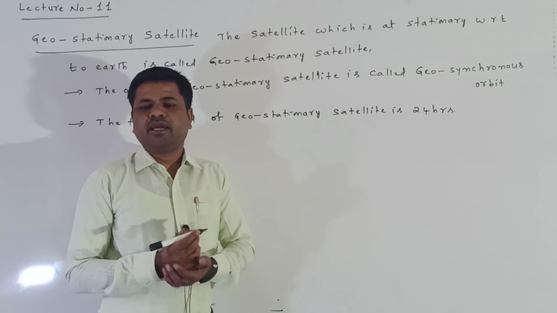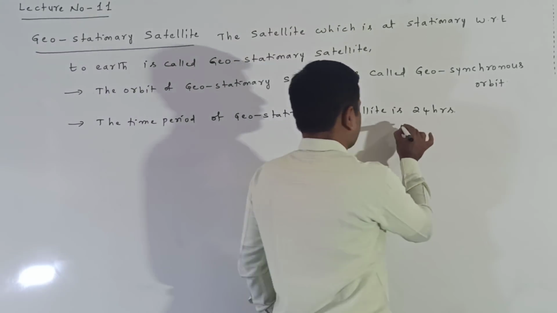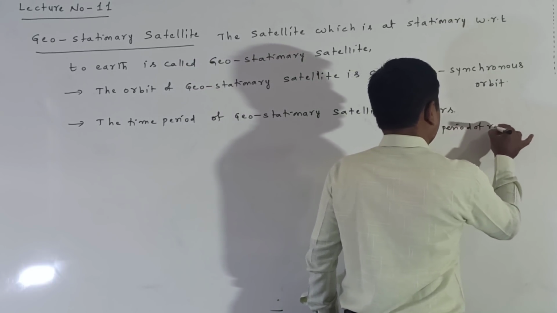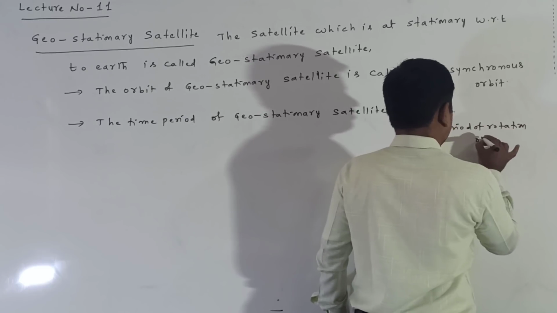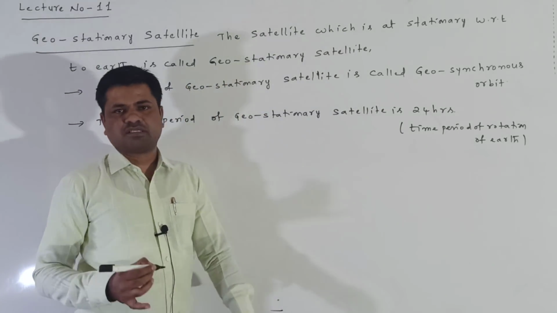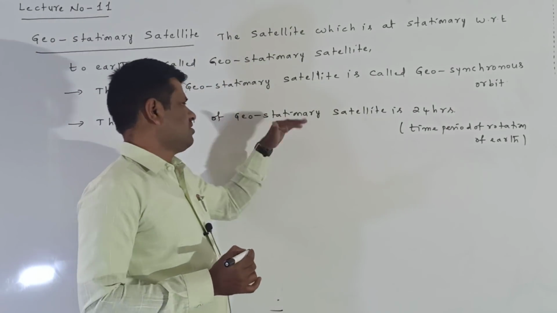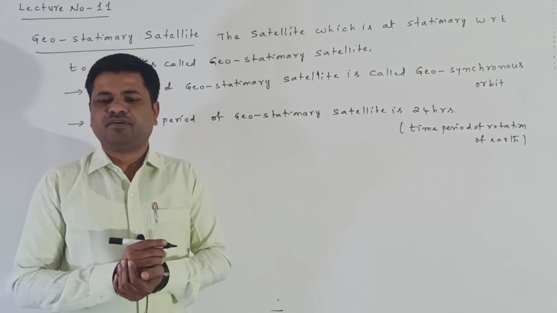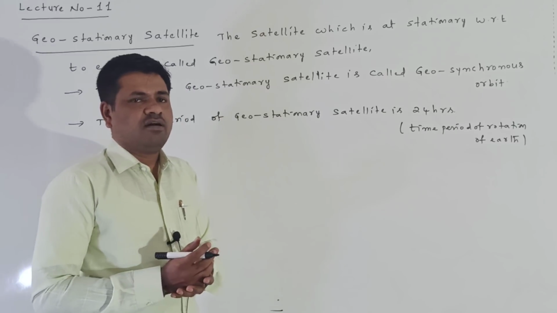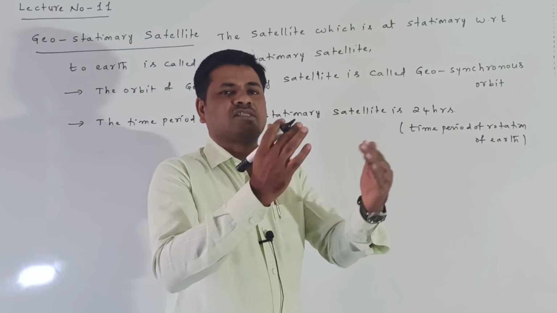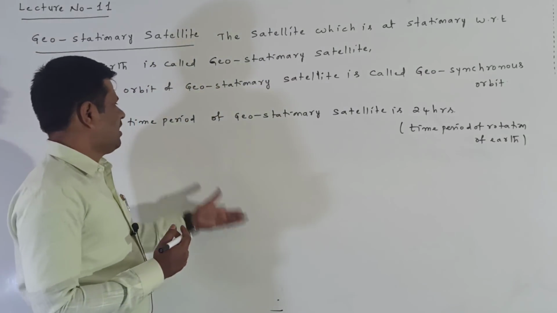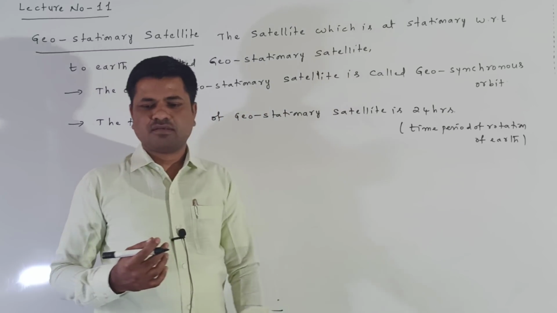It is the time period of rotation of Earth, which is also 24 hours. Similarly, the time period of the geostationary satellite is also considered 24 hours, because the geostationary satellite is at rest with respect to Earth.